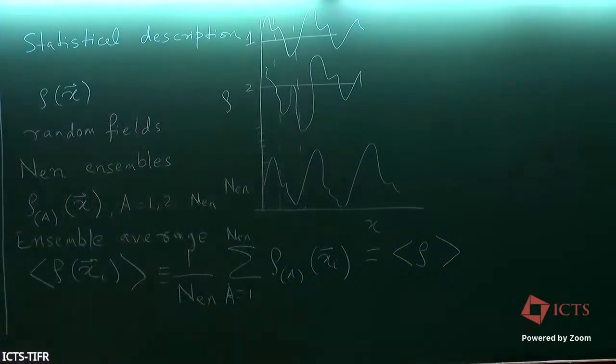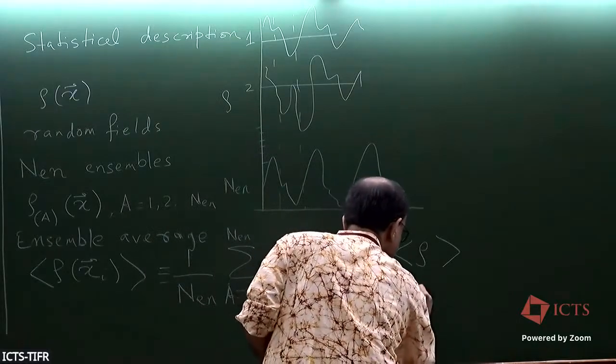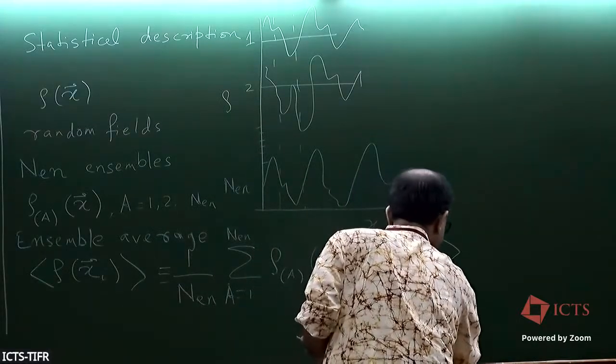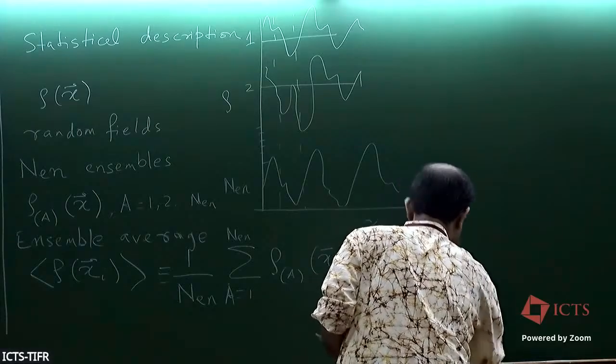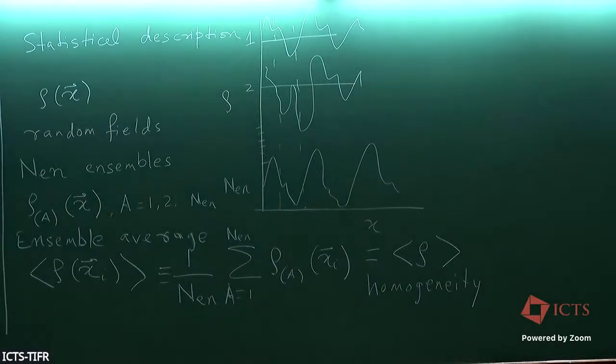If this is not the same, I can distinguish some points from some other points, and that will break the homogeneity. Okay. So now I'm defining this concept of homogeneous and isotropic universe in a more mathematically rigorous way. So this is basically the statement of homogeneity in our universe.